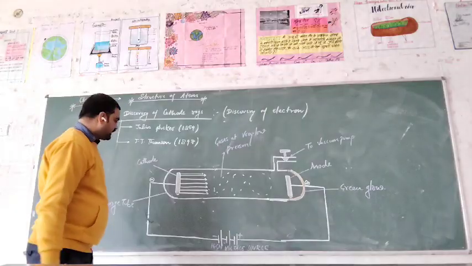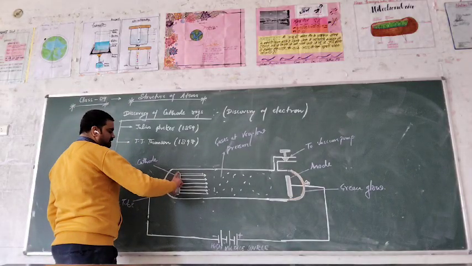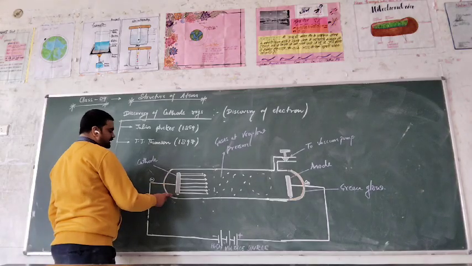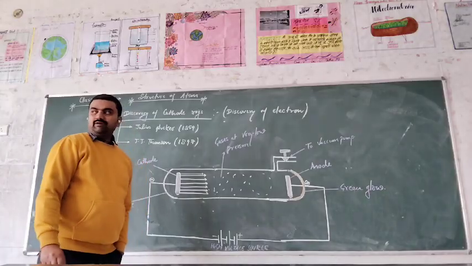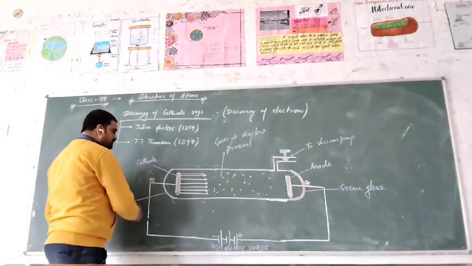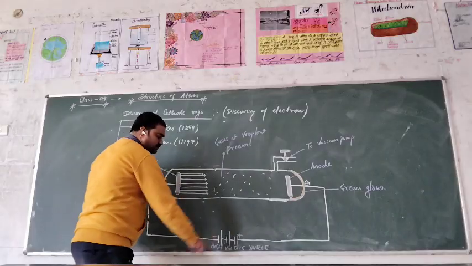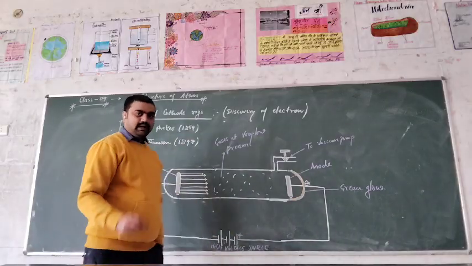He also took two metal rods, the first made as a cathode and the second as an anode. After taking a wire from each electrode, that is cathode and anode, they are connected to a high voltage source. Clear?